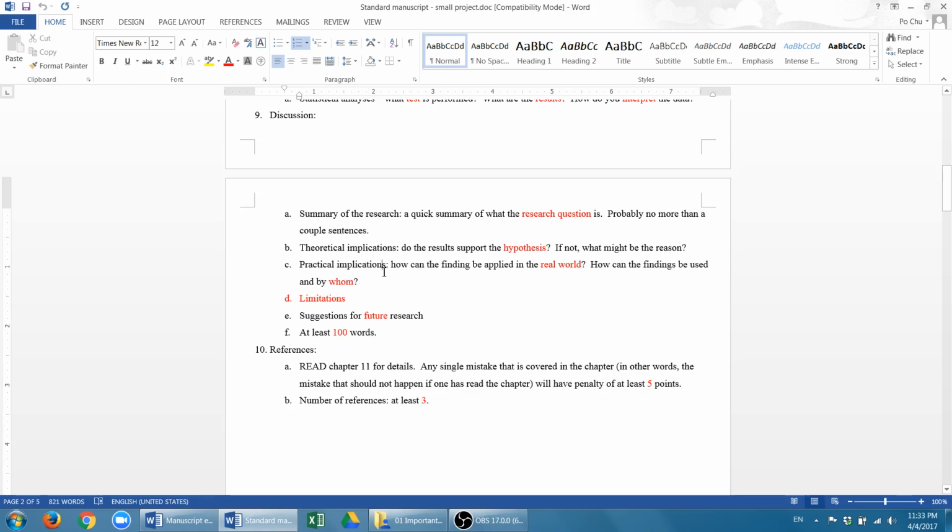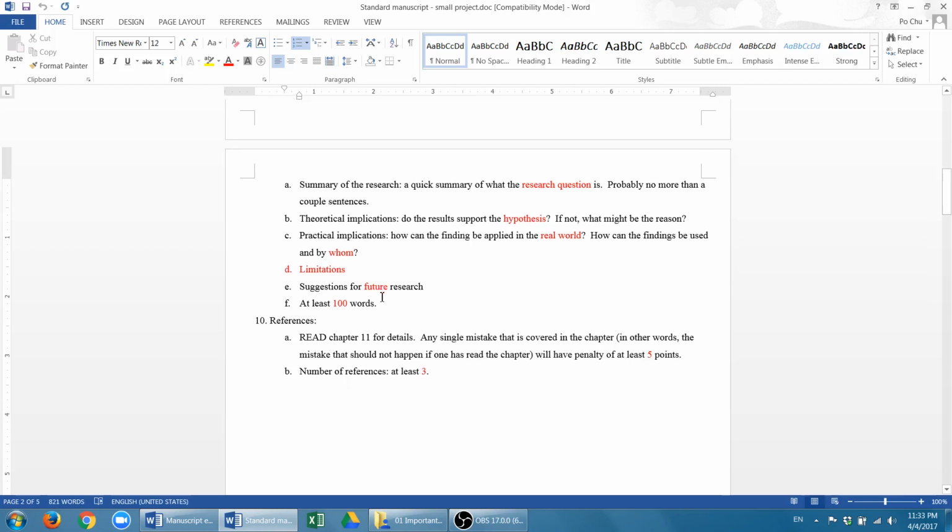Now, for online students, you probably just anticipate that if the results support the hypothesis, then how can it be applied? And then the limitations of the study. This mostly applies to face-to-face students, because after you conduct a study, you get and analyze the data, and you're more likely to see some problems of this study.